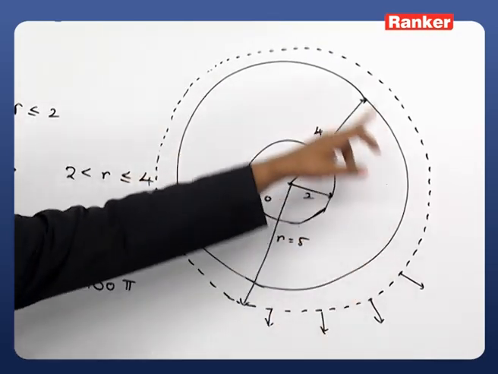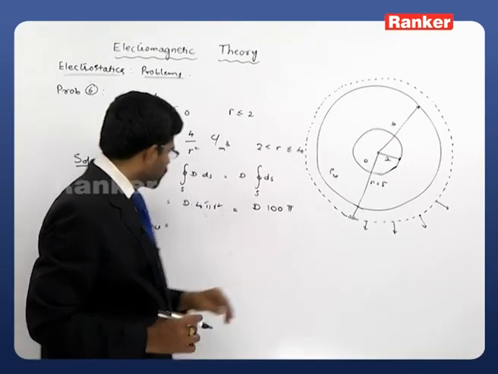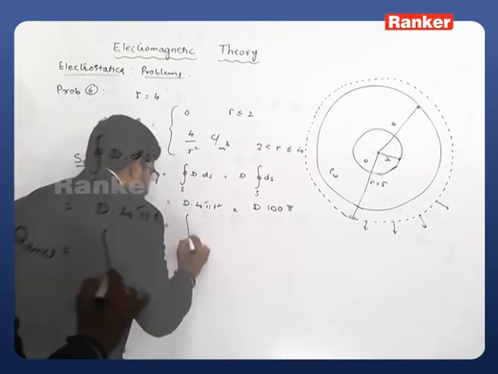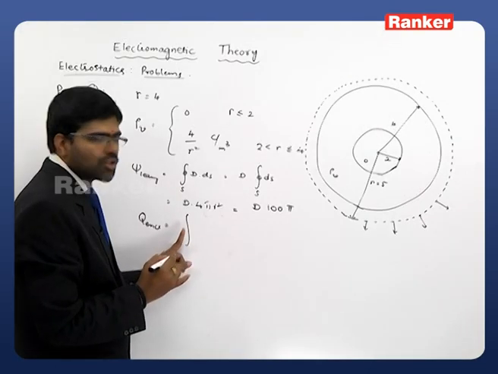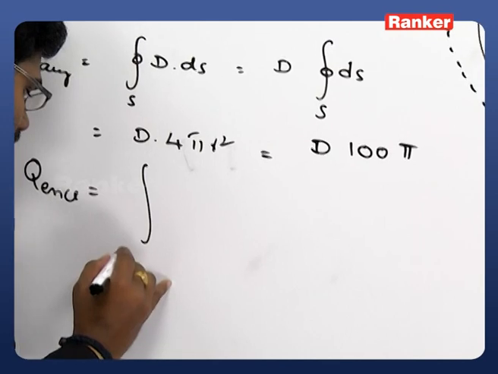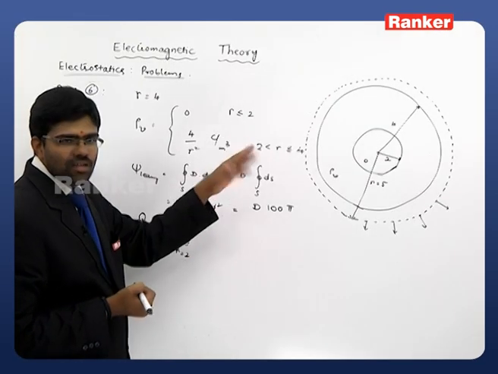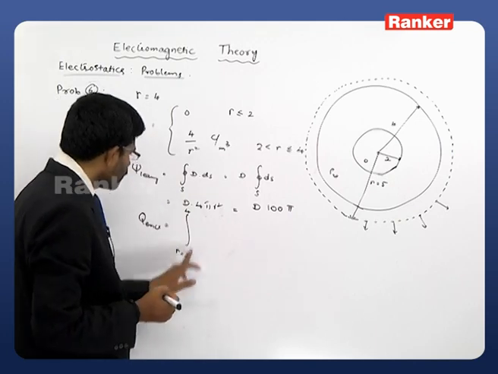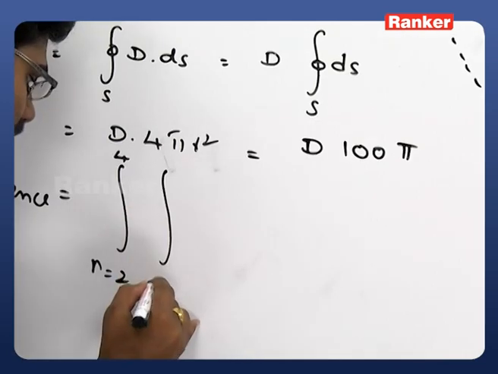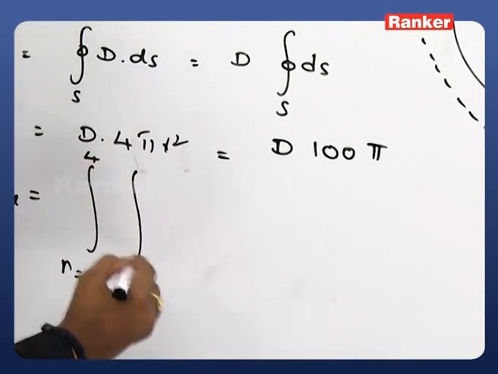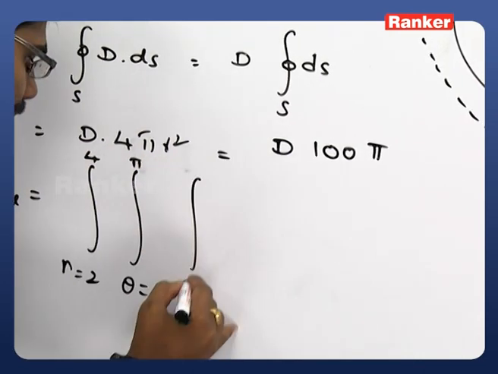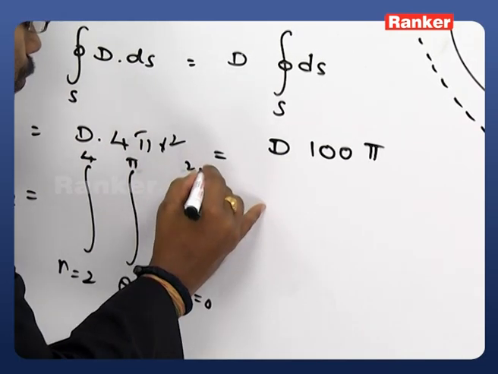So within that particular Gaussian sphere, I am directly writing the integration for this charge in terms of its rho v. For r we take 2 to 4, because from 0 to 2 there is no charge density. Theta goes from 0 to pi and phi is from 0 to 2 pi.